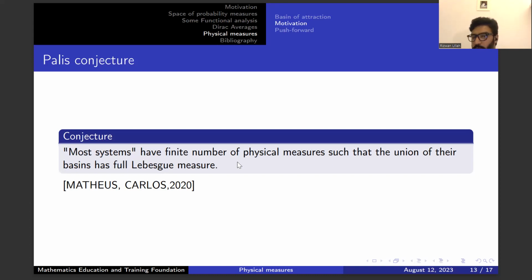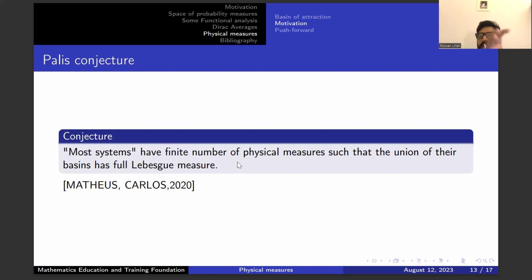And when you have a dynamical system, it is expected, I would say, that it will have a finite number of physical measures. And as far as you figure out all these physical measures, then you have everything in your hand. You are able to describe the statistical distribution and other important properties that we will see in the future of the orbit of almost every point, because this is also telling us that the union of their basins has full Lebesgue measure.